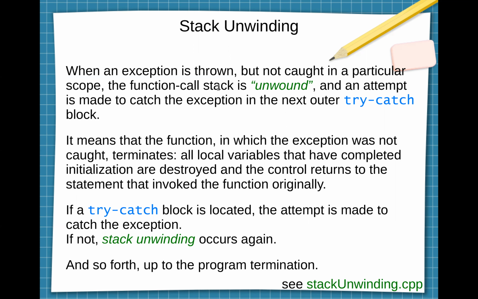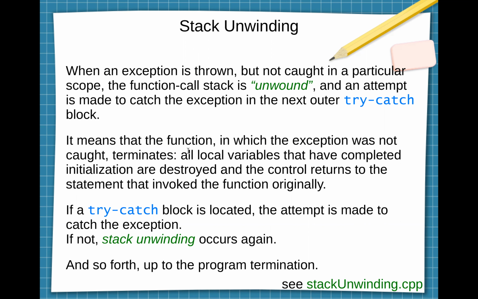And what we mean here is in the function that called this particular function, right? So in that function in which the exception was not caught, right? So if it terminates, nothing else is going to work, right? If we have anything after that try block, right?